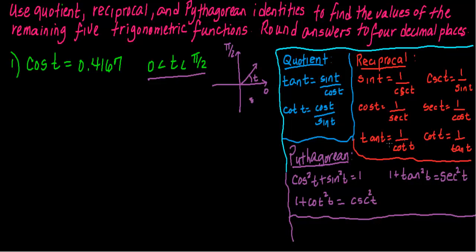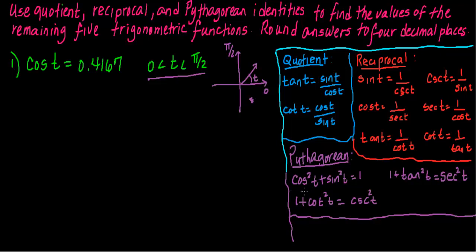For my reciprocal identities, having cosine, I can find secant very quickly, right? Because I know that secant is 1 over cosine. So this is very quick to find, secant. I can also use the Pythagorean identity, cosine squared t plus sine squared t equal to 1 to find the sine.